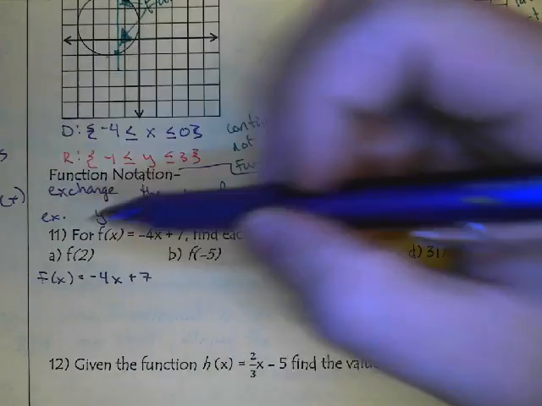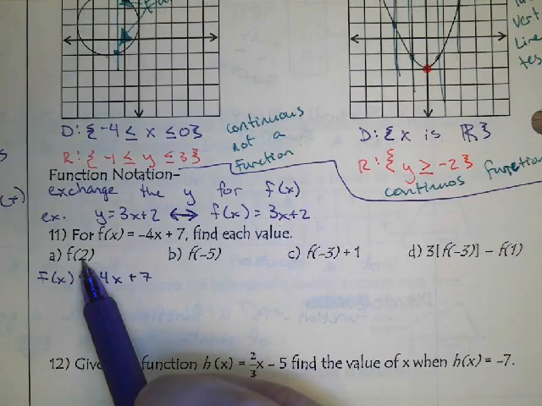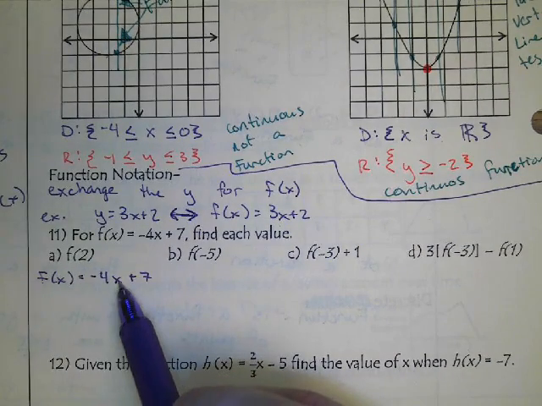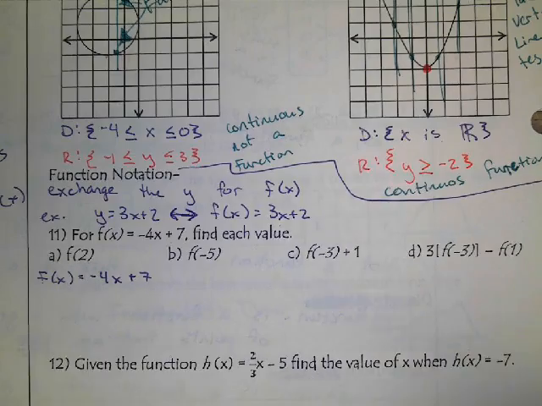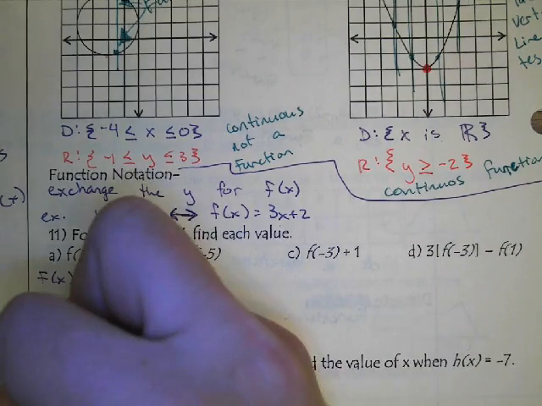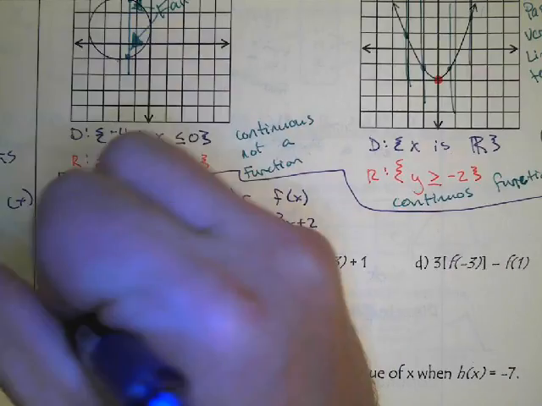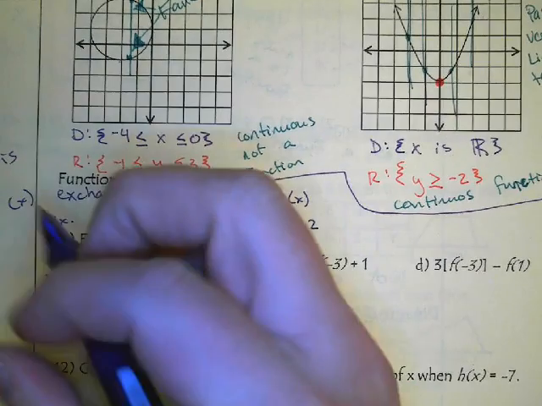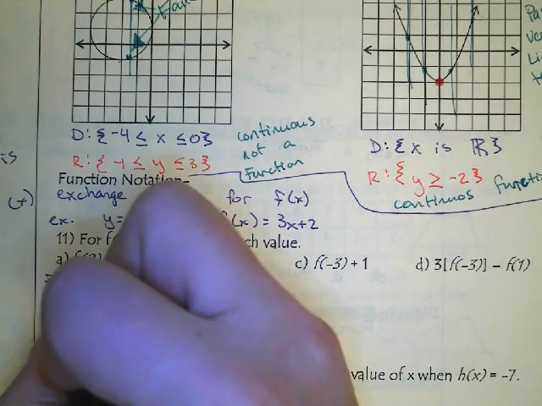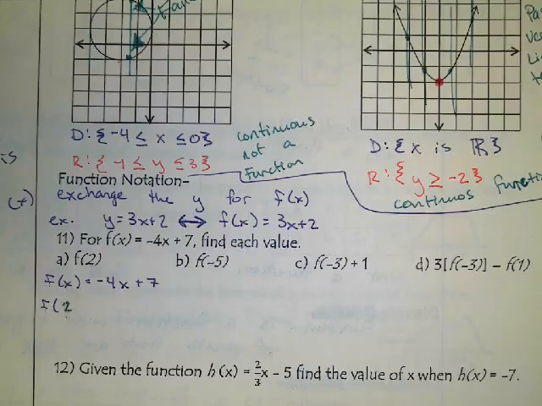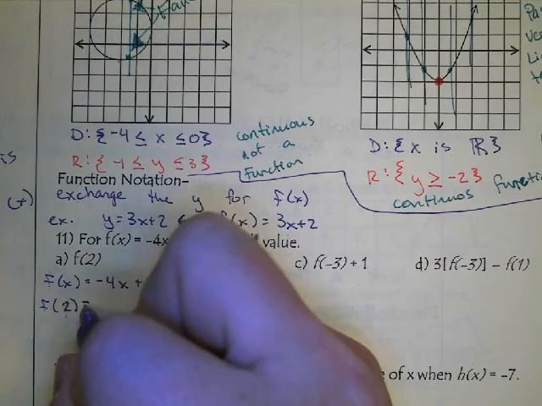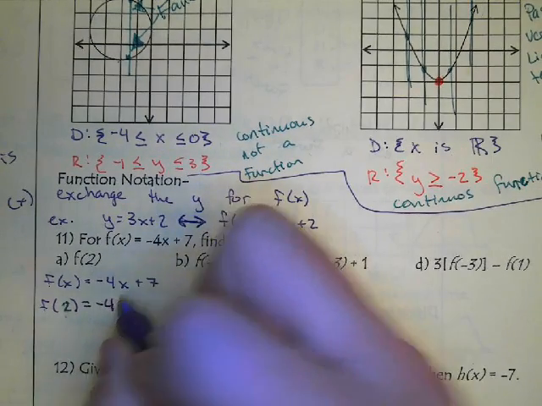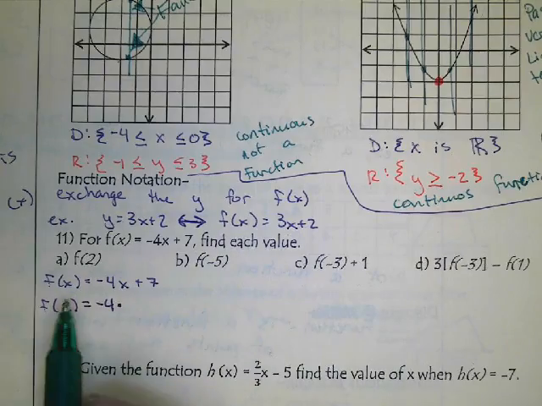So when I change this x to 2, that means this x changes to 2. So I will write f of 2 is equal to negative 4 times, what does my x turn into?